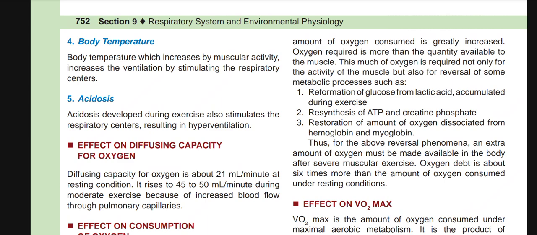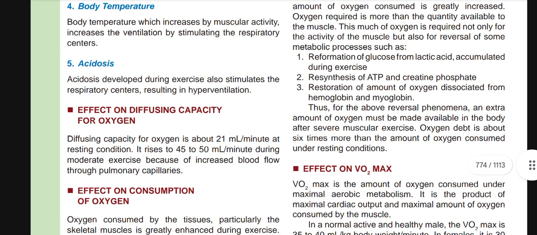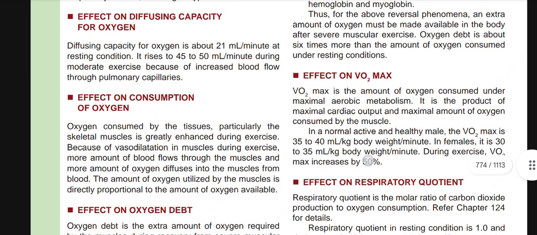This much oxygen is required not only for the activity of the muscle but also for reversal of some metabolic processes, such as reformation of glucose from lactic acid accumulated during exercise, resynthesis of ATP and creatine phosphate, and restoration of the amount of oxygen dissociated from hemoglobin and myoglobin. Thus, for the above reversal phenomena, an extra amount of oxygen must be made available in the body after severe muscular exercise. Oxygen debt is about 6 times more than the amount of oxygen consumed under resting condition.